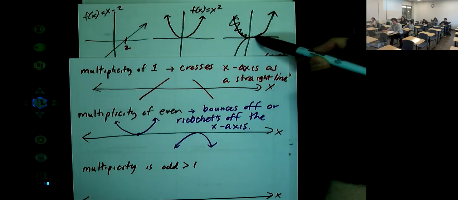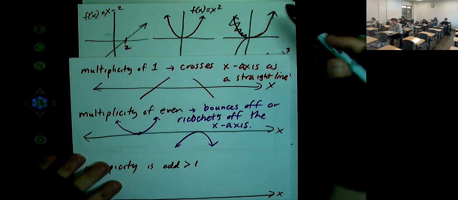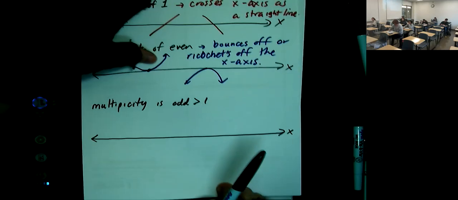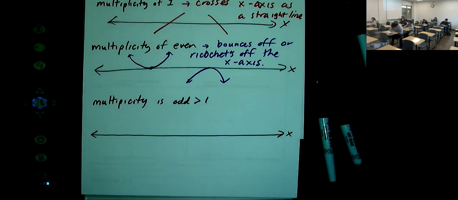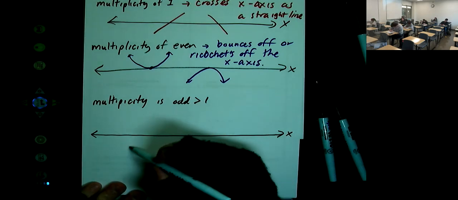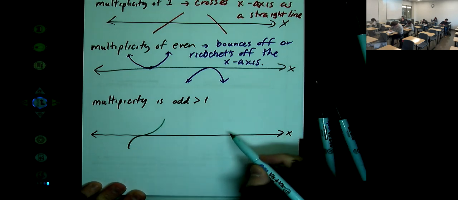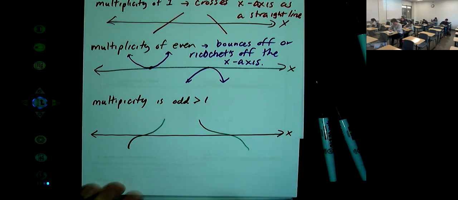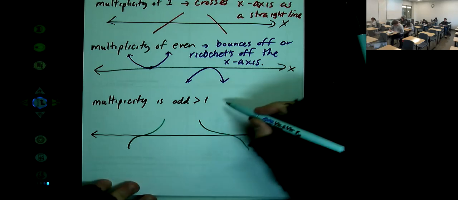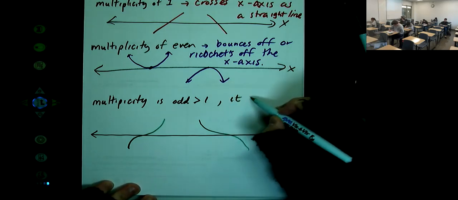It hits it, it goes across it, but it doesn't go across like a straight line, right? It kind of wiggles across. And that's true of any odd multiplicity. So it's not a straight line. I call it the wiggle. Do they have a term they like to use? Nope, they use wiggle. In fact, the book even uses wiggle. It wiggles over the axis.